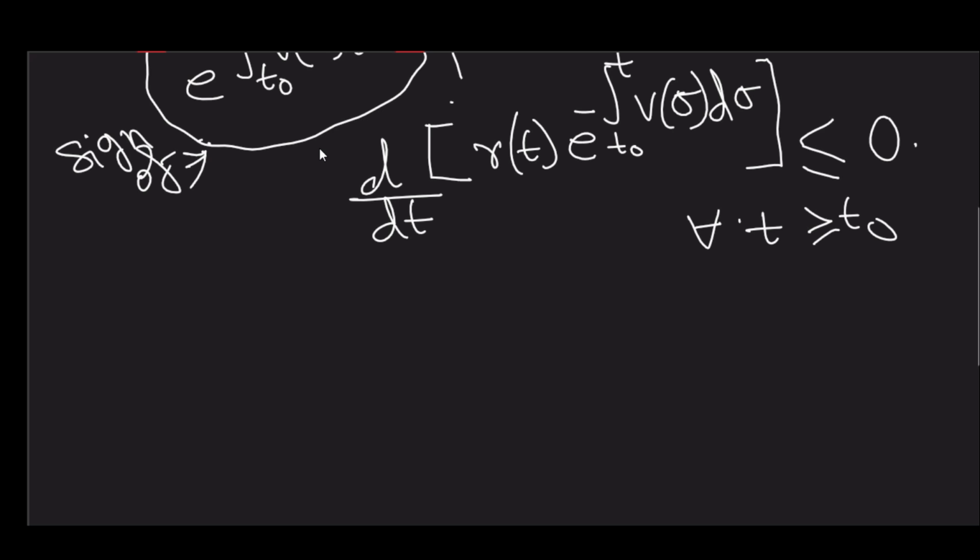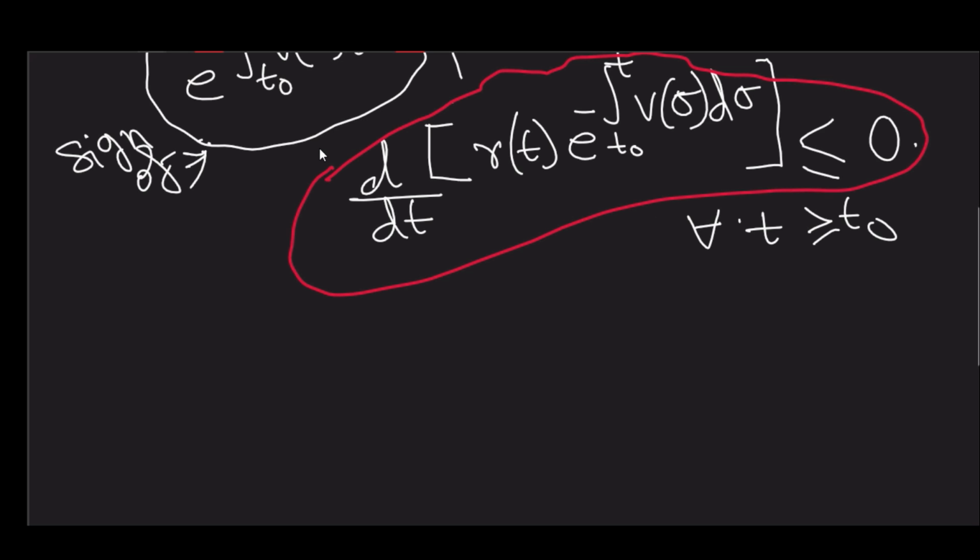So now let us integrate both sides of this one. Obviously one side is 0. So if you integrate both sides, then what you will get, that is very interesting. You will get R t.